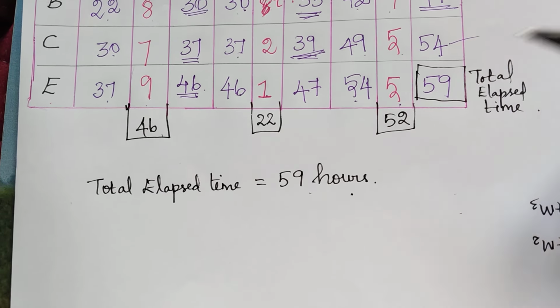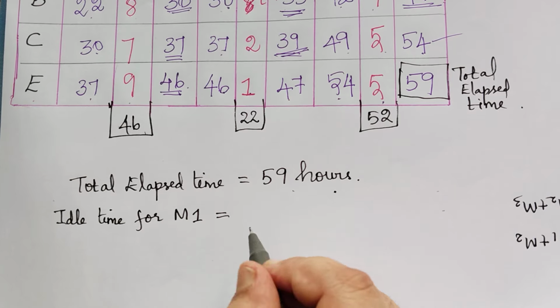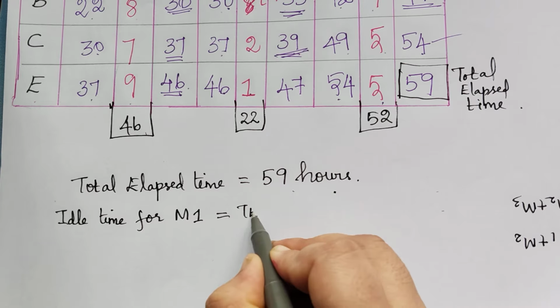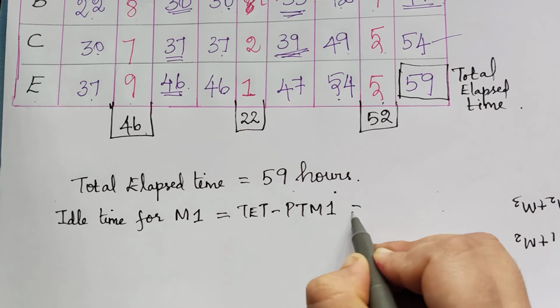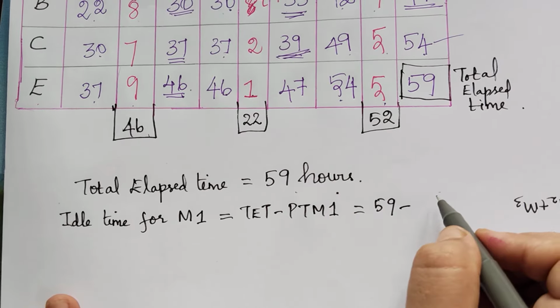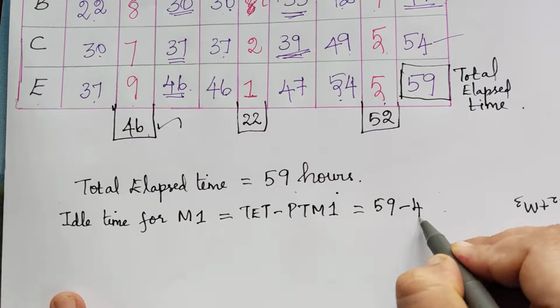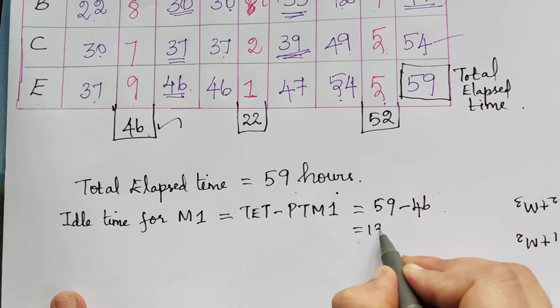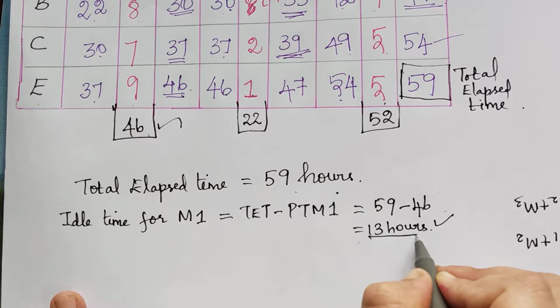Now we have to find the idle time for each machine. So the idle time for machine 1 is total elapsed time minus the processing time for machine 1. What is the total elapsed time? It is 59. Minus what is the processing time for machine 1? Total processing time is 46. So we subtract it, and therefore that is equal to 13 hours. So this is the idle time for machine 1.